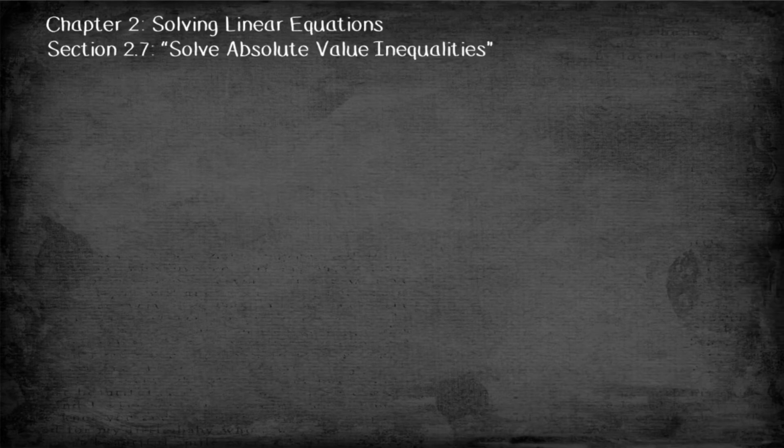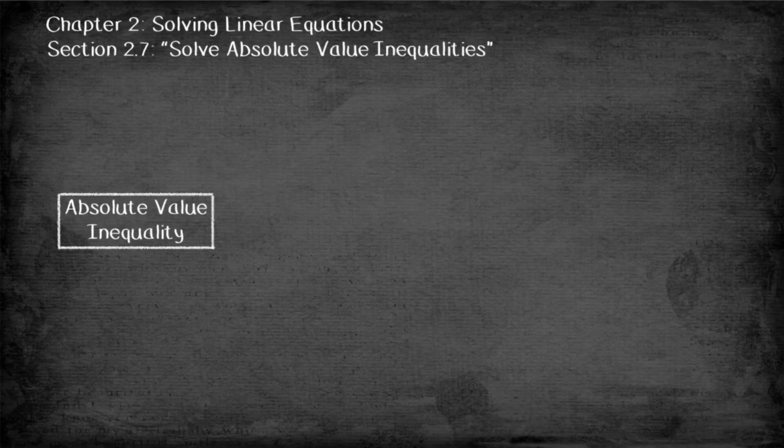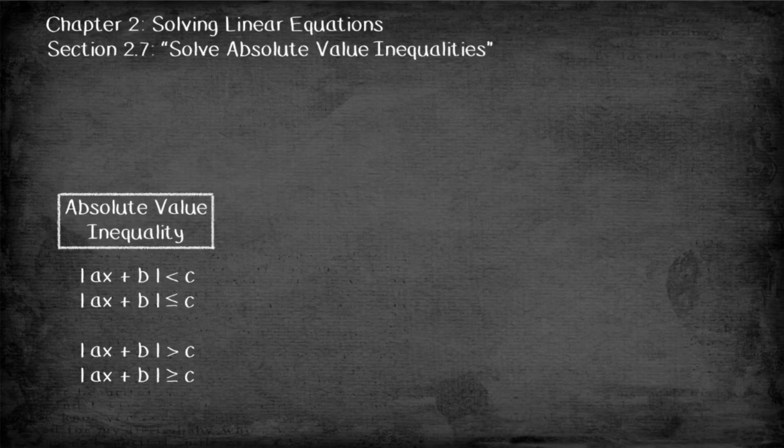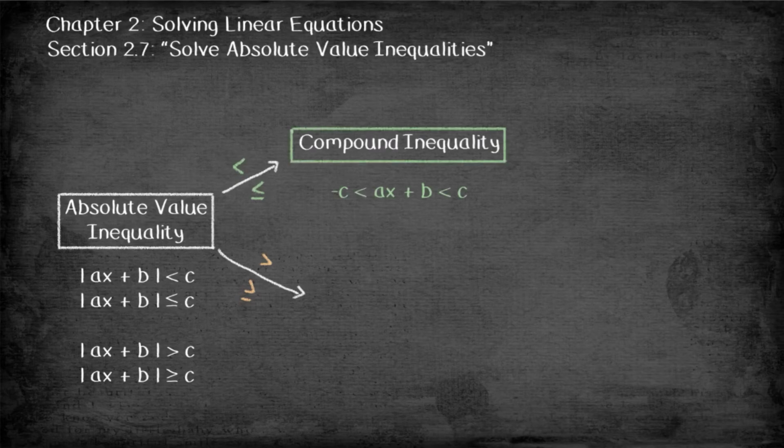All right, let's summarize. So you have an absolute value inequality. It could look like any of these four things, at least for us right now. There's two possibilities, depending on whether or not you're talking about greater than or equal to, less than, or less than or equal to. So if you're talking about less than or less than or equal to, you get a compound inequality.